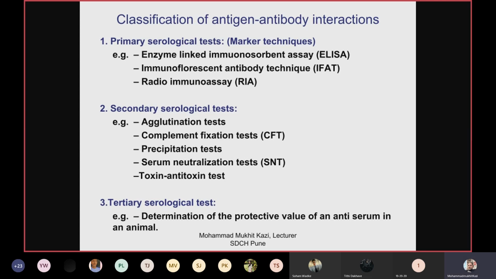This we will be learning in the next few slides. The secondary serological reactions include agglutination test, precipitation test, serum neutralization test, complement fixation test, and then finally the tertiary serological tests are those tests which determine the protective value of anti-sera in animals.